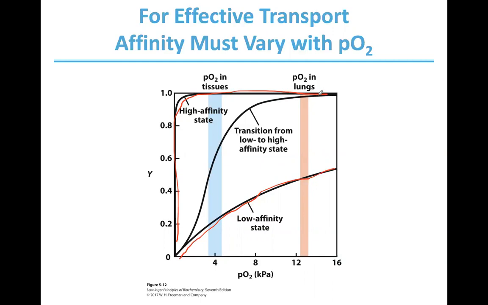As it leaves the lungs, it starts to lose affinity for oxygen, and as it reaches the tissue, the affinity for oxygen is significantly lower. And then you can see this amount can be dropped off in a tissue.